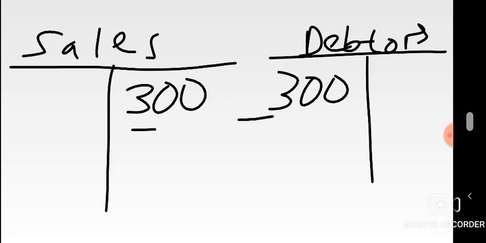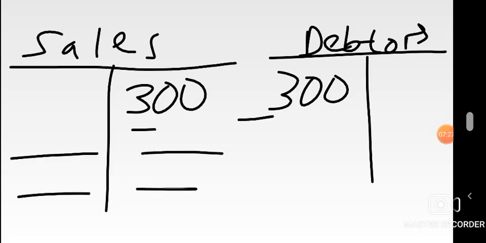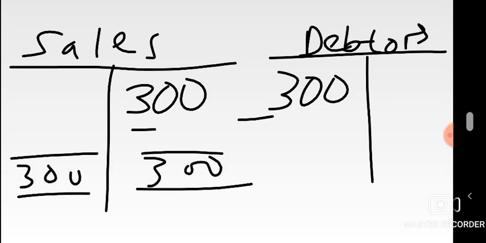Now you may be asked to create a trial balance of all your entries in this case. When you're creating a trial balance, you just close up all the T accounts that you created for the particular ledger accounts. So for sales, I'll demonstrate so that you get to see the sequence that works on the others. You put a carried down figure on the opposite side of the account.